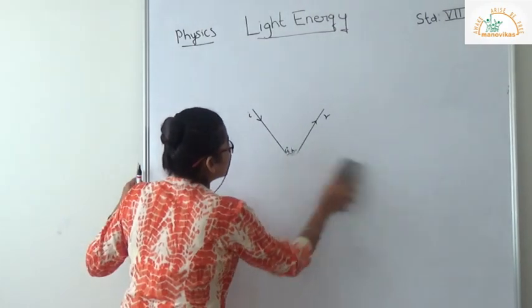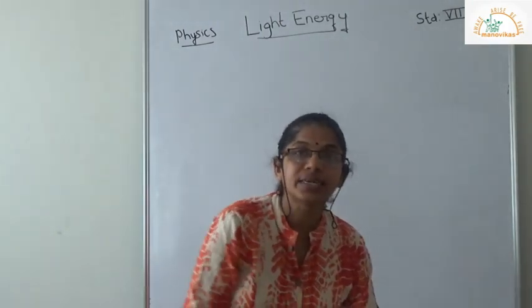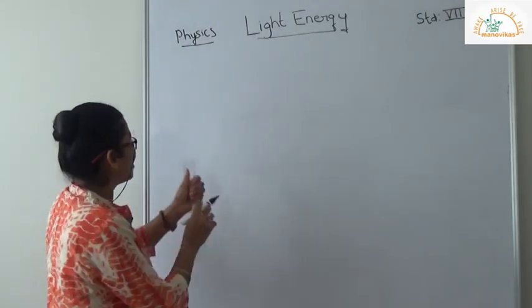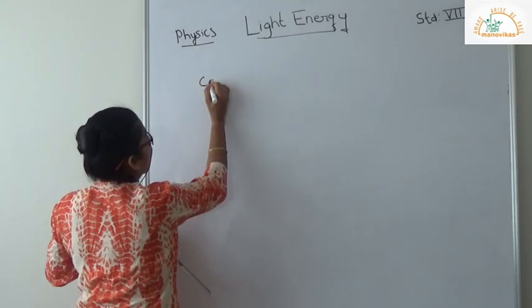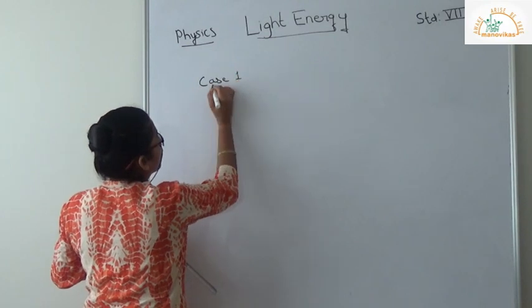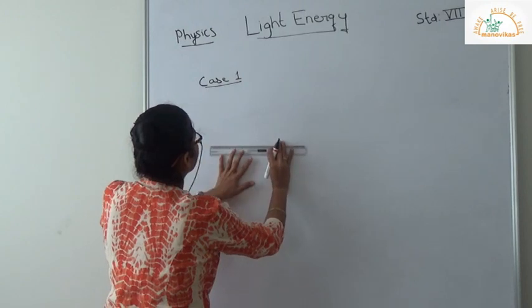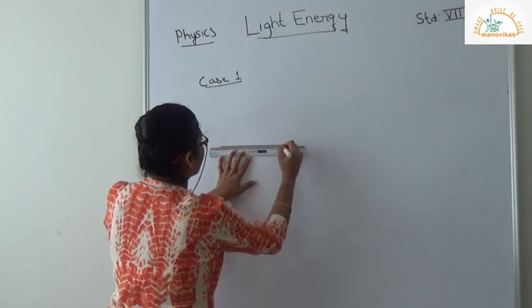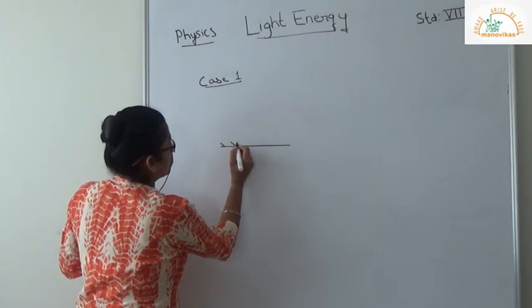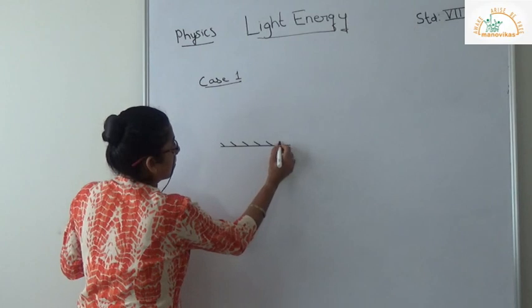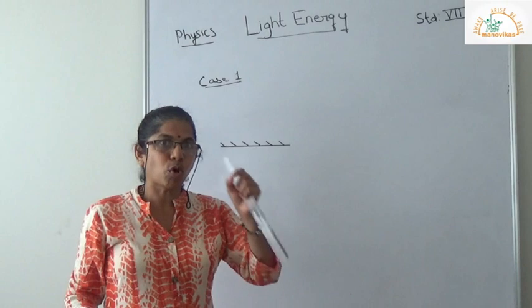We are going to consider two cases here. Case 1 is wherein you have a plane mirror, and the object in this case is a point object.